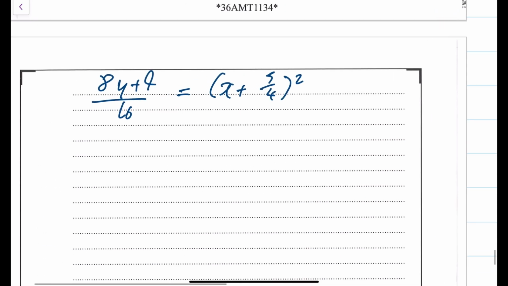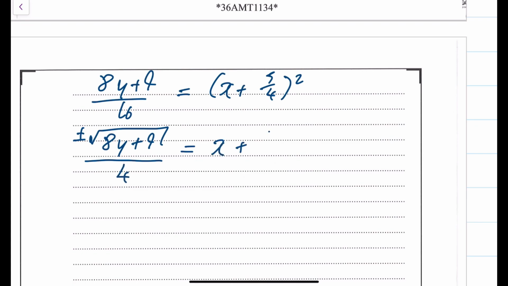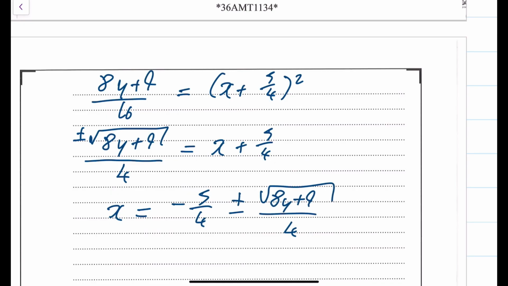And then we could say that means plus or minus the square root of that. So plus or minus the square root of 8y plus 9 all over the square root of 16, which is 4, is equal to x plus 5 over 4. And then that means we'll say x equals minus 5 over 4 plus or minus the square root of 8y plus 9 all over 4.